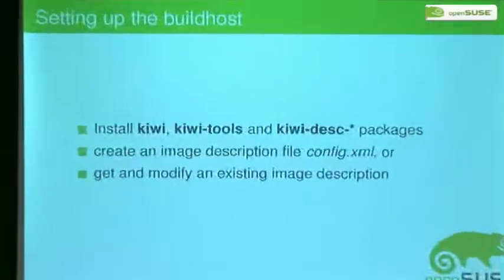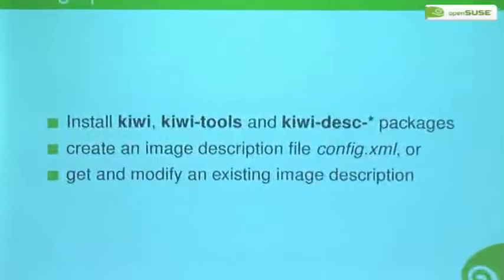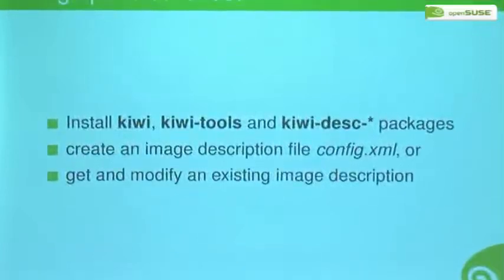Basically you have to install the Kiwi package, the Kiwi tools package, and Kiwi desk ISO boot or Kiwi desk USB boot to make ISOs or USB images. There are some others for thin client, and some for the WISE terminals. You probably don't have to use them ever, but if you have a WISE terminal and want to make an image for that, you have to use this. It's also available.